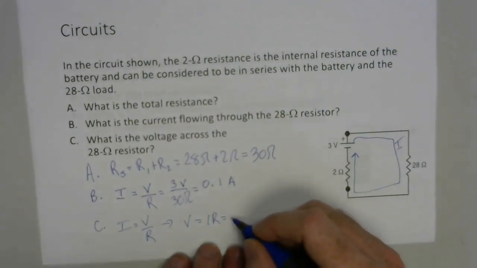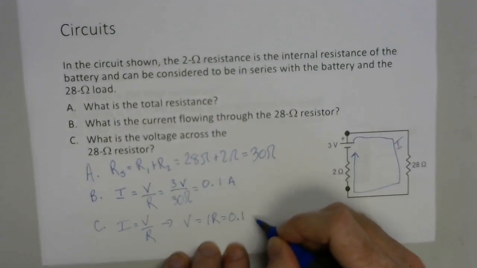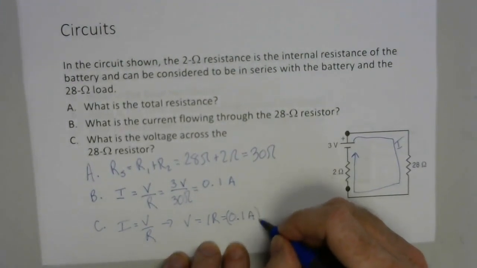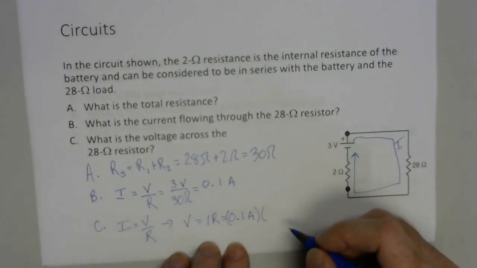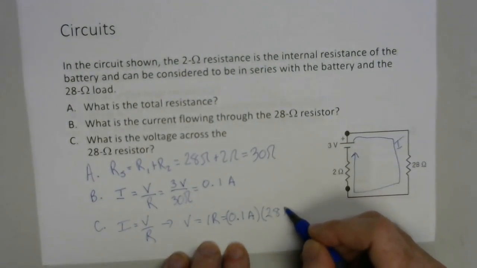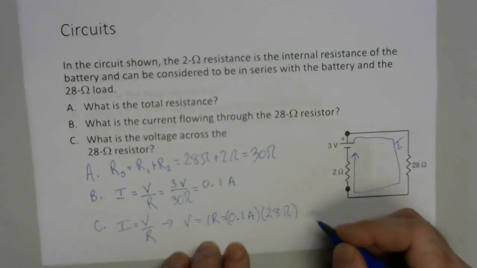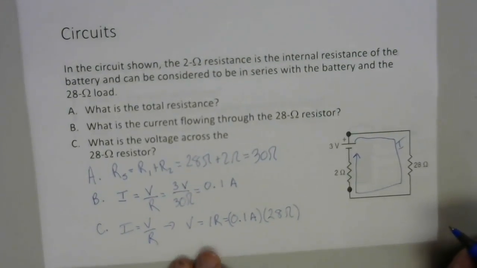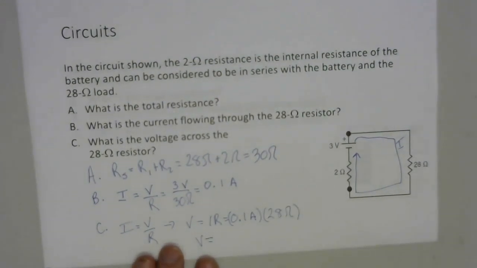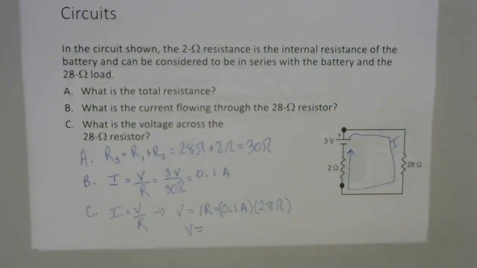Now that we know the current flowing through the circuit, we get 0.1 amps times, in this case, the 28 ohm resistor. So just the 28 ohm resistor will see a voltage drop across that resistor. That's proportional to the resistance compared to the total resistance of the circuit.